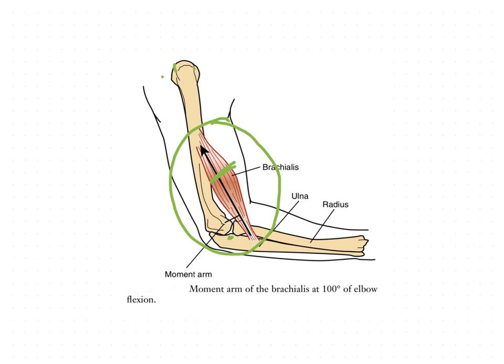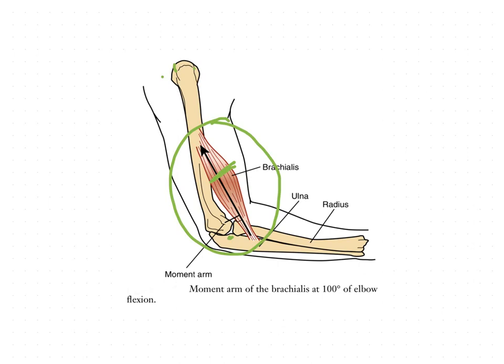Whether the insertion of this muscle is located near the joint axis or away from the joint axis differentiates the muscles into shunt and spurt muscles, whether these muscles are mainly used for mobility or for stability.